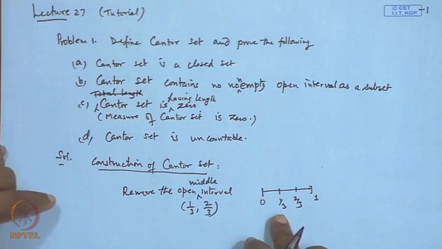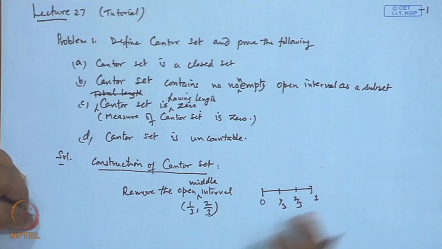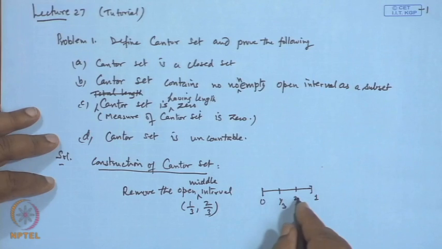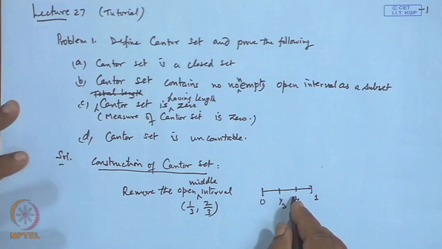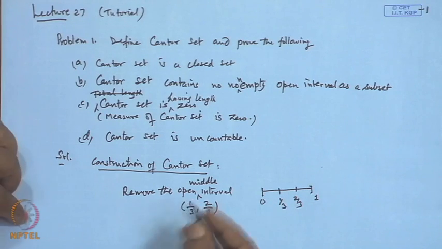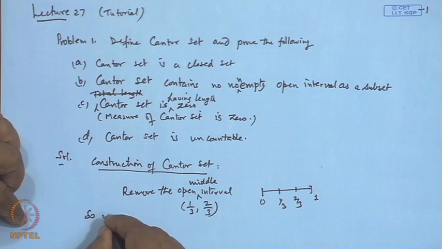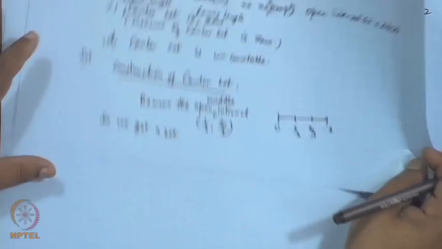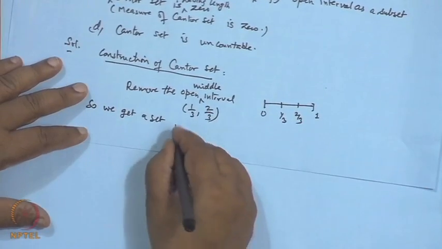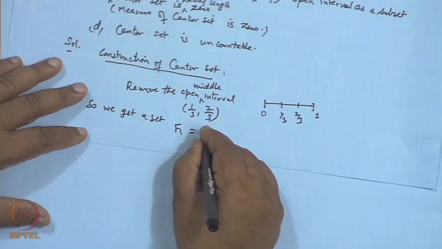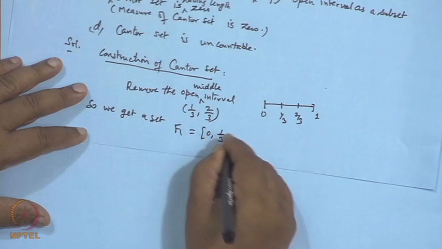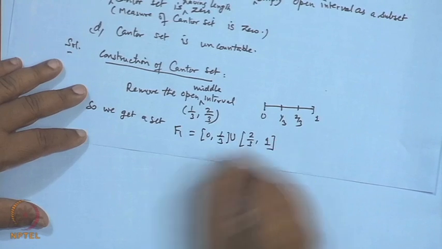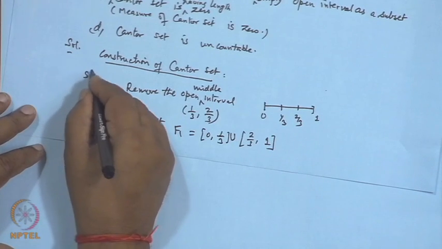The set we obtain, denoted by F1, is the closed interval [0, 1/3] union [2/3, 1].